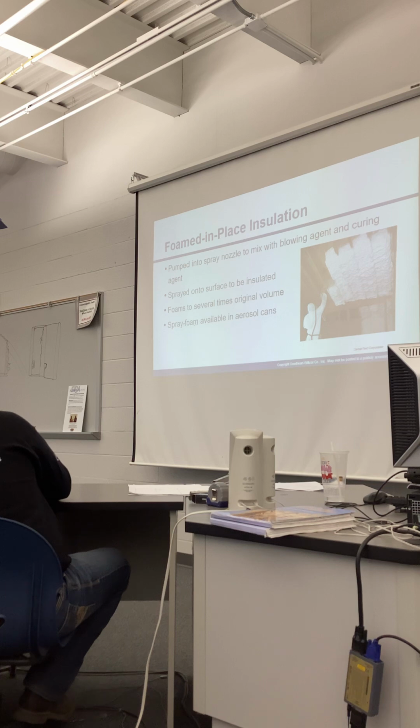At $12 or $13 a square foot, 3 or 4 inches thick, that could put you at $40 a square foot for insulation versus batt insulation at $2 or $3 a square foot. Change the cost of your house from $100 a square foot to $140, like that. So the cost is really expensive.